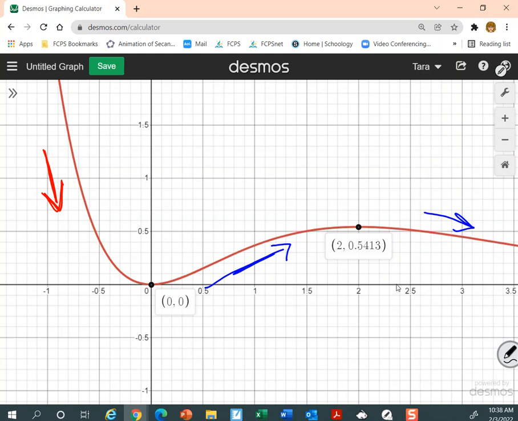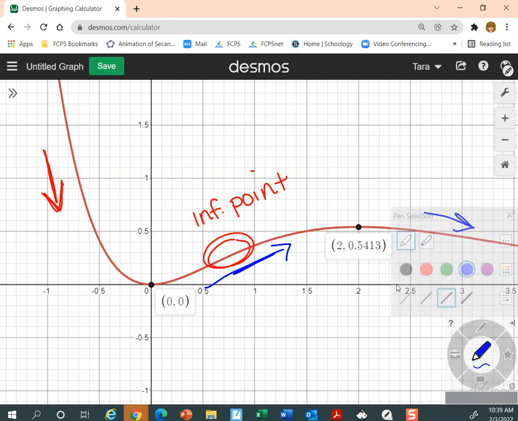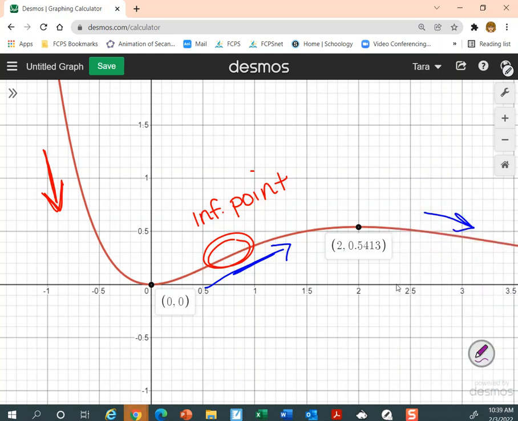But just sort of informally, I bet there's an inflection point somewhere there, because I see some concave upness and then some concave downness, much subtler concave downness than concave upness, but we definitely have some concave up and then some concave down, so we have an inflection point.